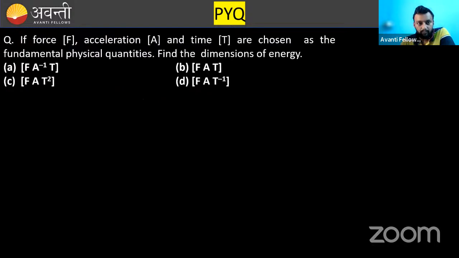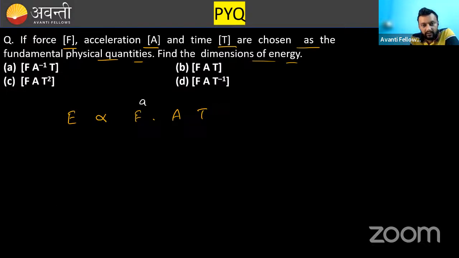FAQs. Moving further, this is another variation. If force, acceleration, and time are chosen as the fundamental physical quantities, find the dimension of energy. In such a question, this is based on the first application of dimensions. They are saying energy depends upon these physical quantities: force, acceleration, and time. We can take any power of them.